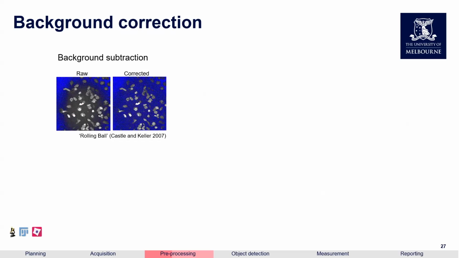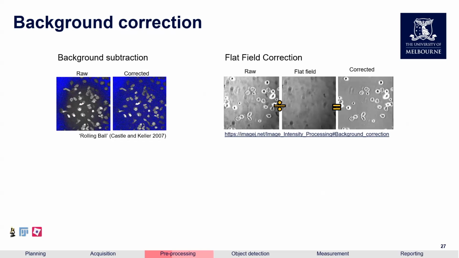In this method, it estimates and subtracts the background based on a user-defined radius. But if there is more complex unevenness, we can also use a flat field image, which is an empty background image taken with exactly the same settings. Then we can correct by dividing the raw image by this flat field image.